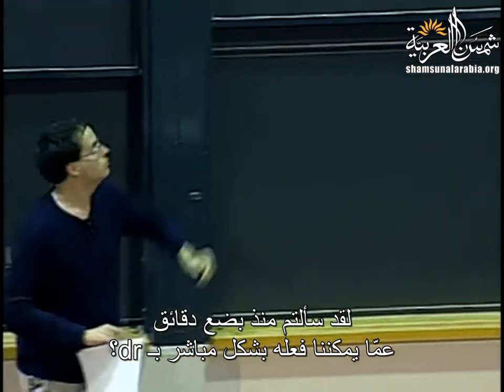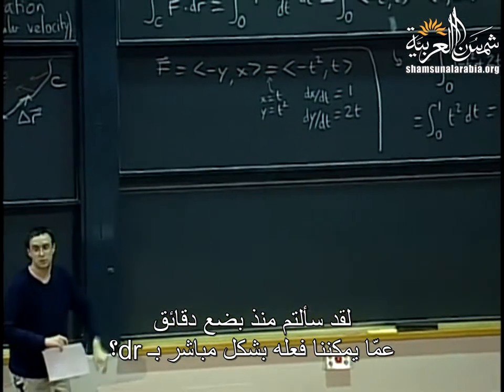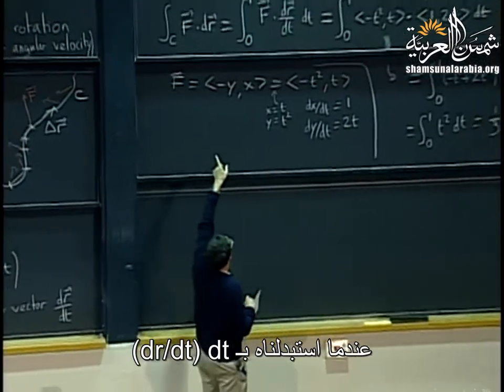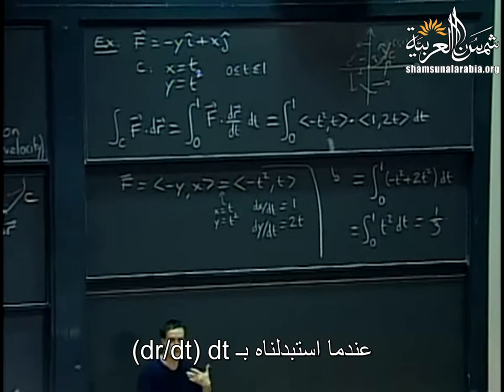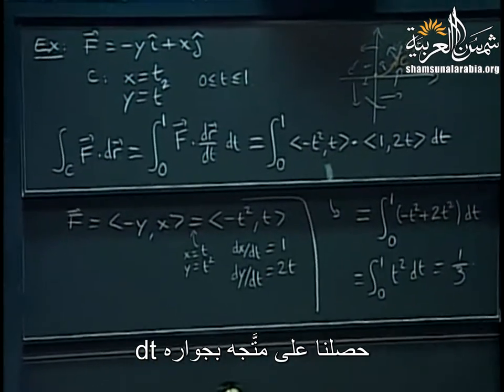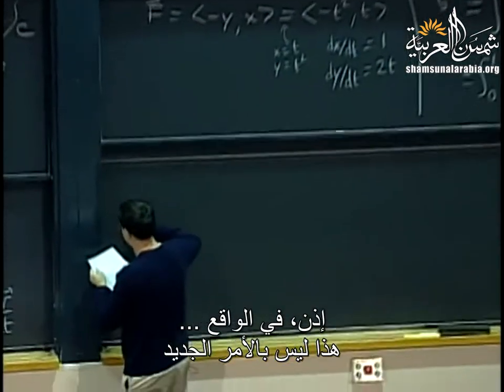Okay, so let's try to make sense. I mean, you asked a while ago, just a few minutes ago, what can we do directly with dr? So dr becomes somehow a vector. When I replace it by dr/dt times dt, it becomes a vector, but with a dt next to it.